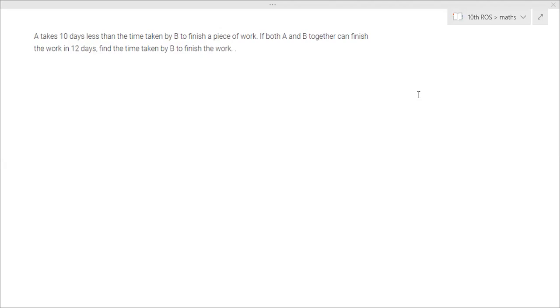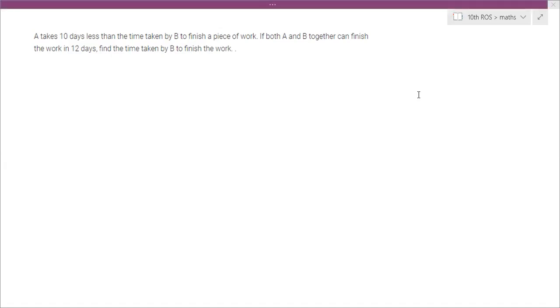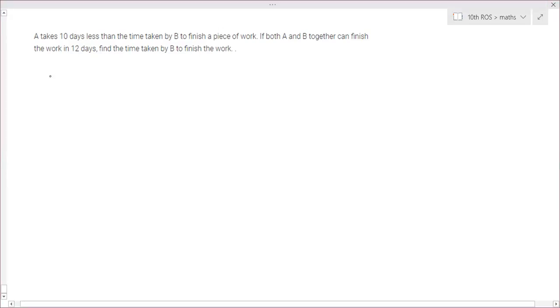So you have to take the work done by both of them in 1 day, and together also in 1 day. So suppose A is taking 10 days less time. So that means let B alone finish the work in x days.